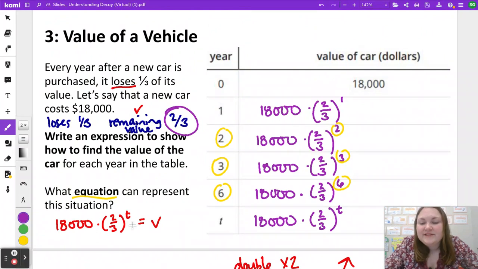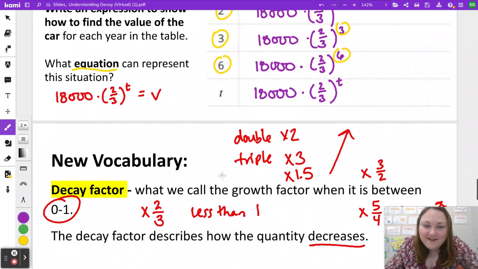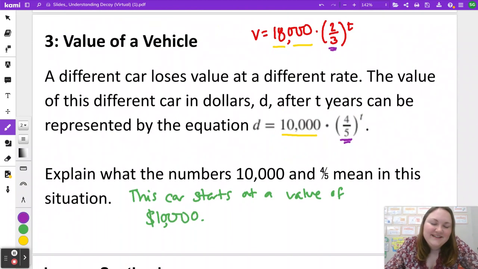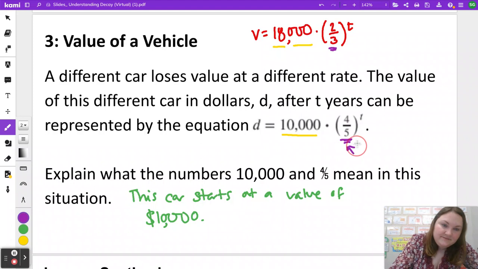The 2/3, the part you see in the equation, is the remaining value. Since this equation is about the value, we're using the fraction that represents the value that's still there. So similarly down here, the 4/5, because this equation is telling me the value of this car, 4/5 is that value that remains each year.